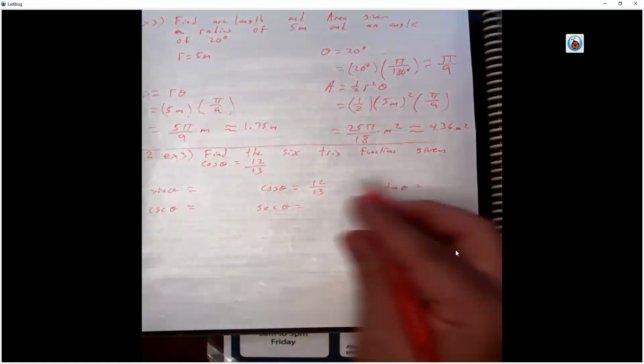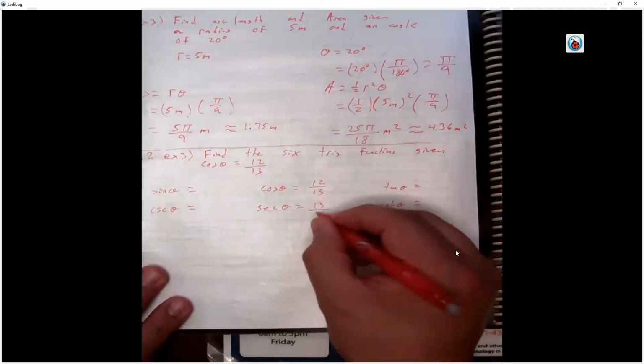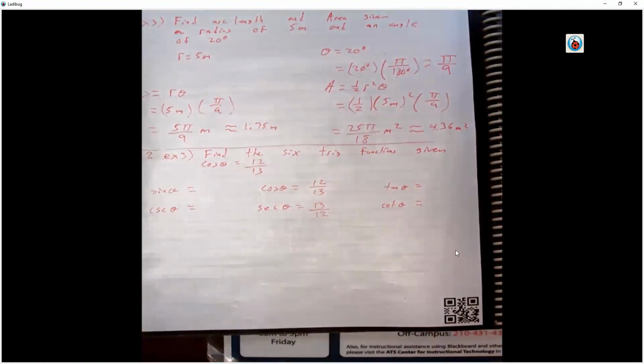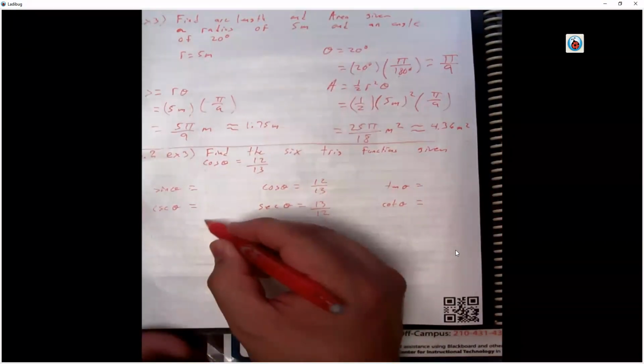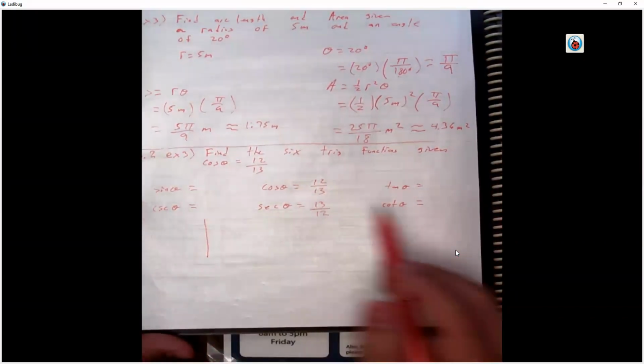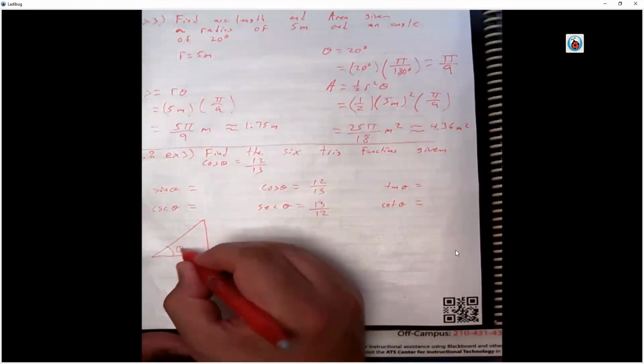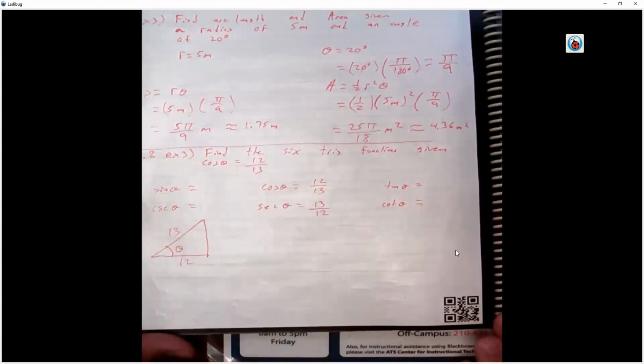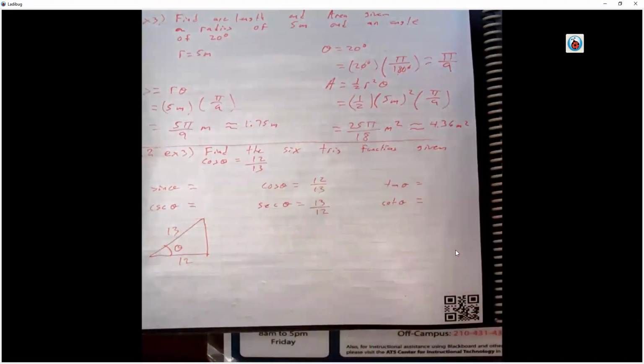Okay, so technically I have this answer, right? So to answer the rest, you must solve for the opposite side. If I choose to put theta here, based on cosine, we have adjacent and hypotenuse. So solve for this missing side, and then you can answer all of these cases, right?